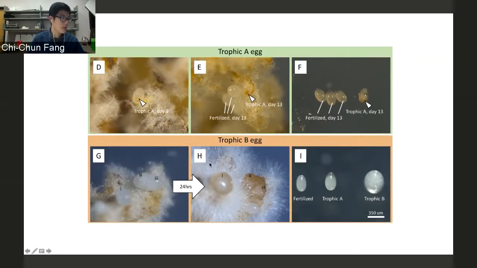And the trophic B egg will deliquesce by itself, just like the way I explained to you, and that is why it is important to help cultivate the fungus garden.